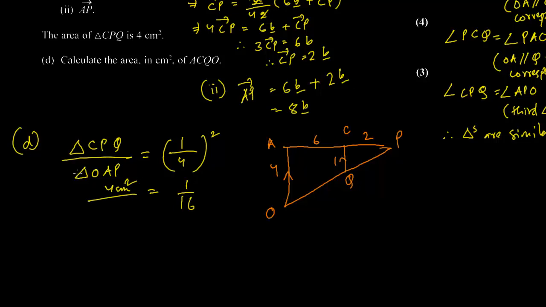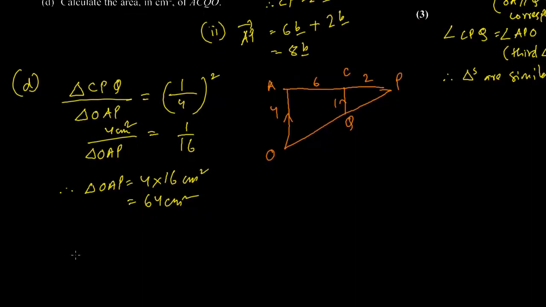So the larger triangle OAP equals 4 into 16 centimeters squared, and that is going to be 64 centimeters squared. So if the larger triangle is 64 centimeters squared and the smaller triangle is 4 centimeters squared, the leftover quadrilateral, the area of ACQO, is going to be 64 minus 4 equals 60 centimeters squared.